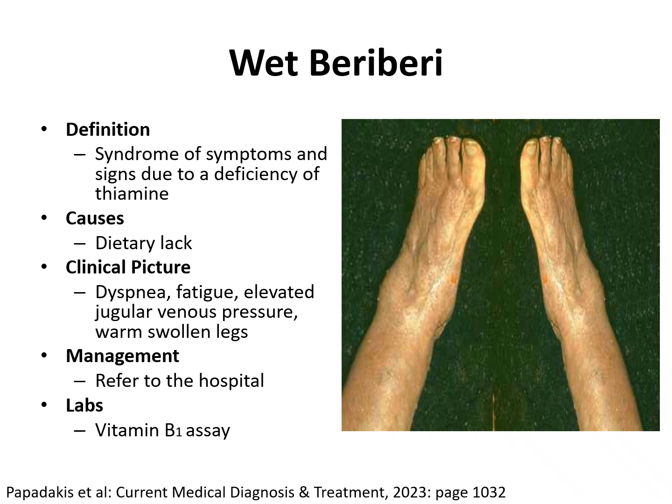If you're making notes here, underline the warm, because you can get the same clinical picture of dyspnea, fatigue, elevated jugular venous pressure, swollen legs, and congestive heart failure, which we just reviewed. How do you tell that this congestive heart failure is related to wet beriberi and not congestive heart failure? The extremities in wet beriberi will be warm.